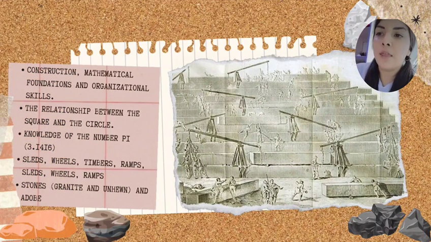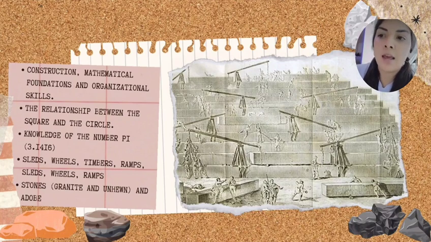Okay, the main reason for the lack of knowledge about its construction is the absence of documents of the time that describe it. But as we already know, the Egyptians had a wide technical knowledge of construction, mathematical foundations, and organizational capacity.